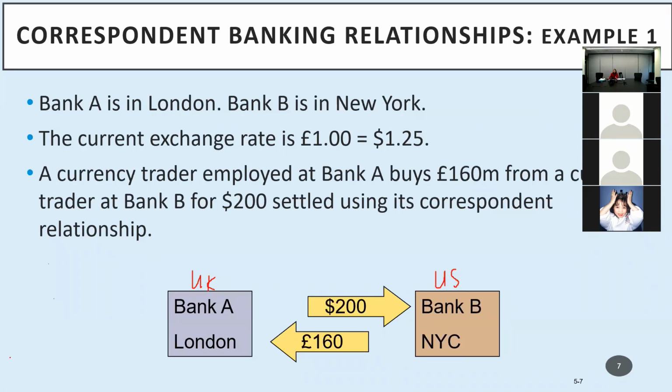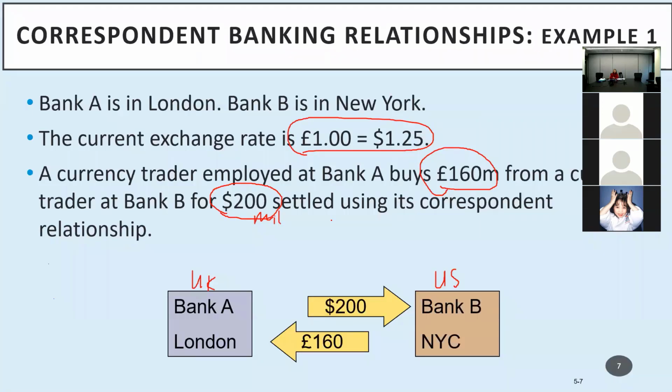Suppose that at the moment, the exchange rate is for £1, we can exchange it to 1.25 USD. And at this exchange rate, for every 160 million pounds, we can exchange it for 200 million US dollars.